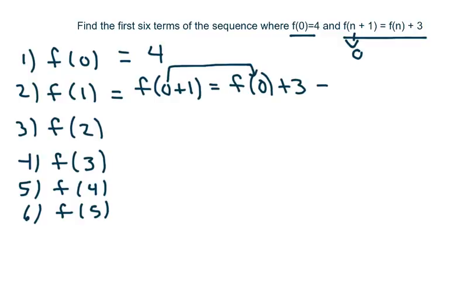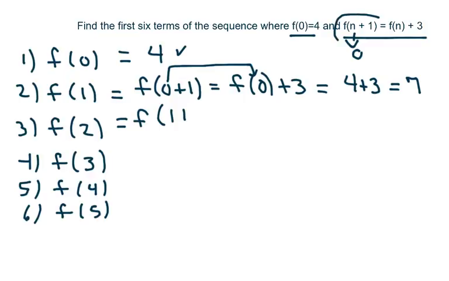Well, what is f of 0? We're using the previous term, so that's going to be 4 plus 3. That equals 7.